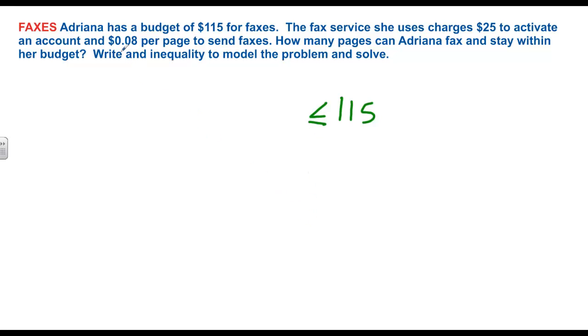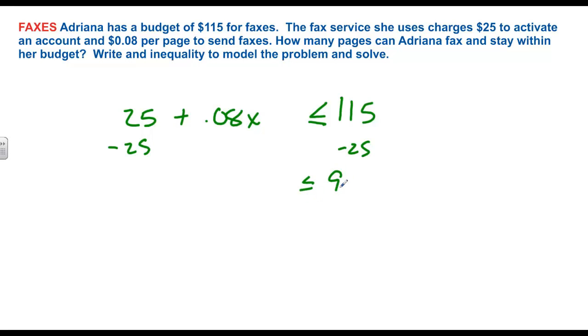But I could equal 115, so it's less than or equal to. And then we have a per page charge of 8 cents, so 0.08 x would indicate however many pages I have, I multiply that by 0.08. Plus we have to add on the $25 they're going to charge us up front. If I go ahead and solve this, then I subtract 25 from both sides.